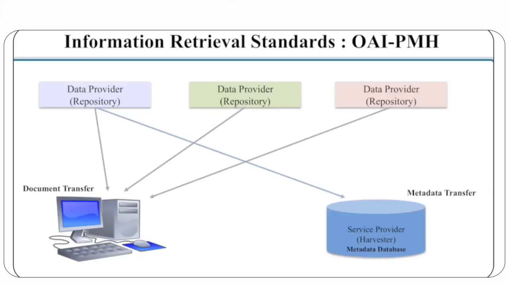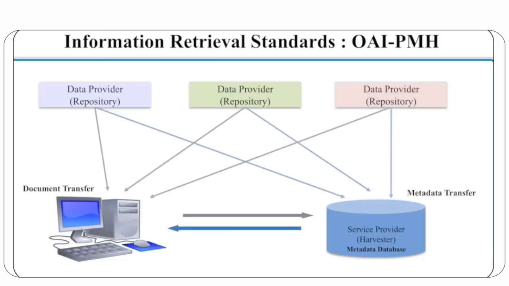Whereas the service providers or harvesters issue OAI-PMH requests to data providers, that is, OAI compliant digital repositories, in order to harvest metadata so as to provide value added services. The metadata stored in the data provider's database is transferred in bulk to the metadata database of the service providers.